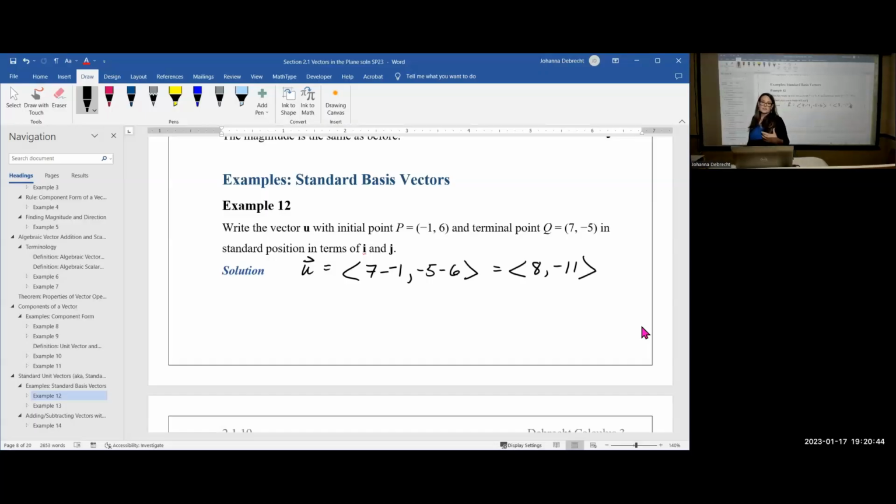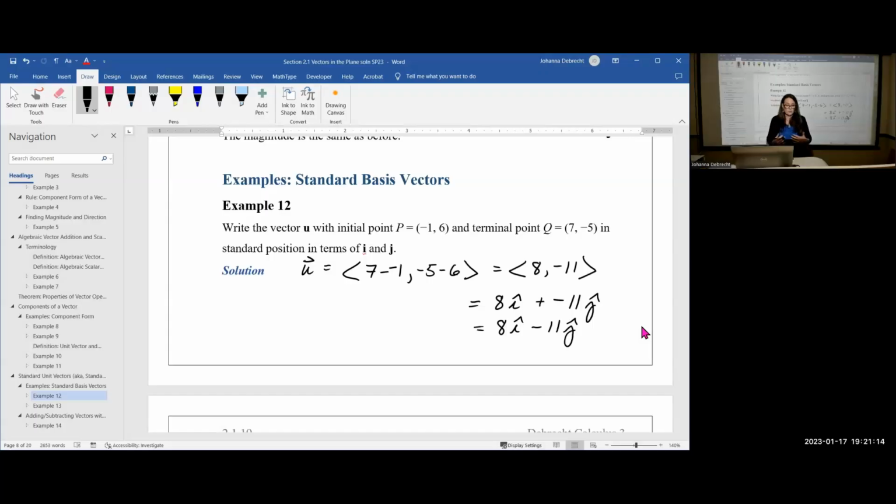Now I want to write this in terms of the standard basis vectors, the standard position unit vectors, which are i hat and j hat. Basically you just take 8 and stick it next to i, plus -11 and stick it next to j hat. And of course, you don't have to write plus and -11. If you want to, you can write 8 i hat minus 11 j hat.